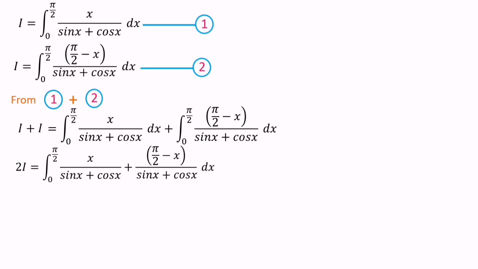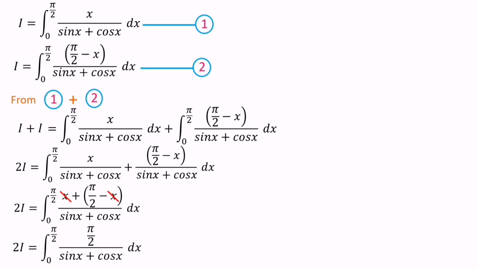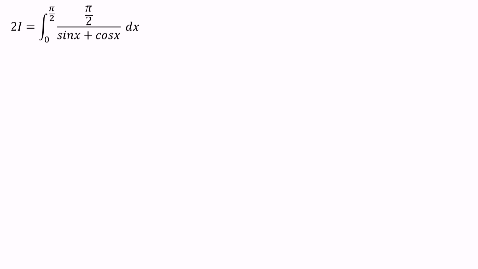We can consider a common denominator sin x plus cos x. In the numerator, x plus pi over 2 minus x. We can cancel out plus x and minus x. Then we have in the numerator pi over 2. Pi over 2 is a constant value, so we can bring pi over 2 outside of the integral. After that we have 2I equals pi over 2 integral 1 over sin x plus cos x.